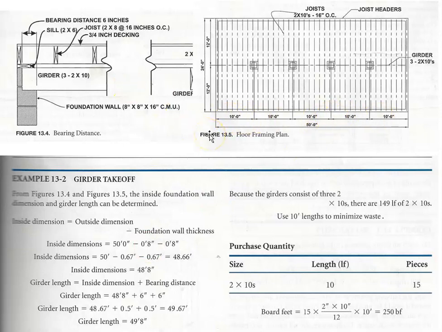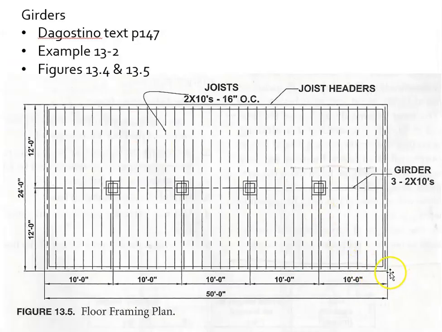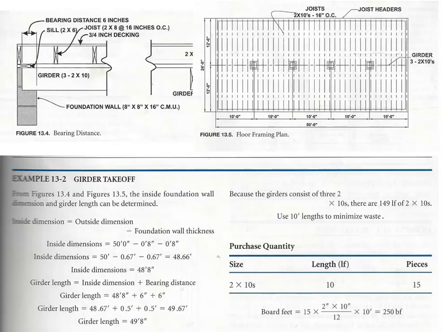Again, as we recall, dimensions that are given on plans are from the outside of the foundation wall. Okay, so when we zoom in here, we can see right there that this 50-foot dimension takes us to the outside of the concrete and the outside of the concrete. Okay, so the girder is not actually 50 feet long in total.